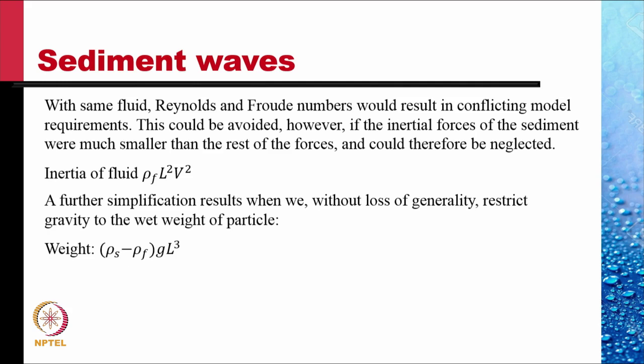So the weight force is now considered rho s minus rho f times G L cubed. These two result in rho f V squared by (rho s minus rho f) times GL, a modified Froude number, which is known as a densimetric Froude number, as a pi number.